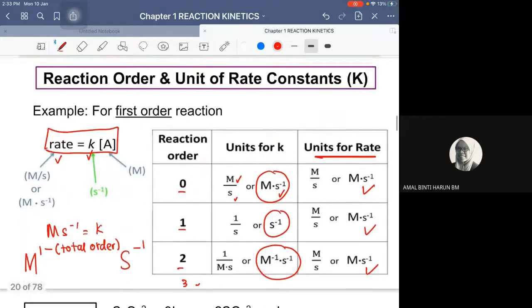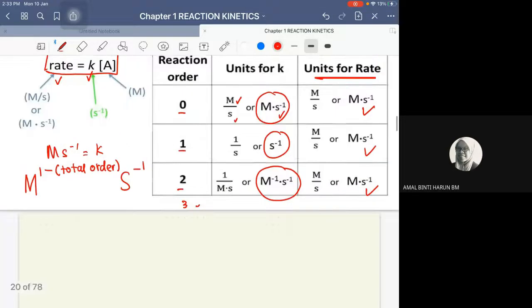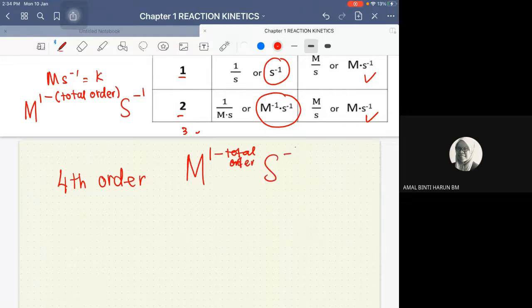Contoh. Kat mana kita nak conteng, kita tambah page kat sini. Contoh, kita ada fourth order. Okay, default dia akan macam ni. M, formula dia 1 minus total order, S per second.